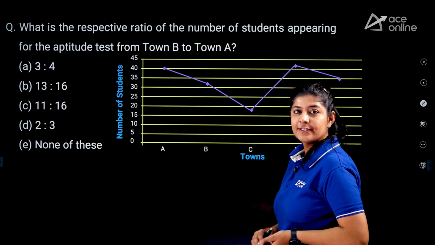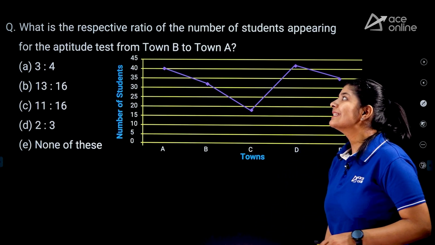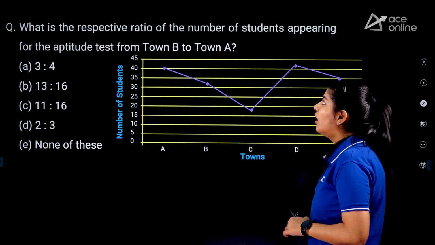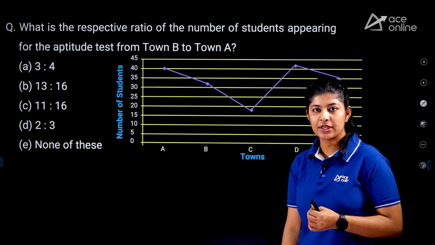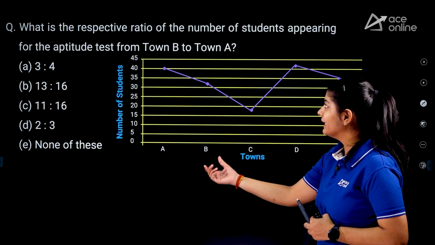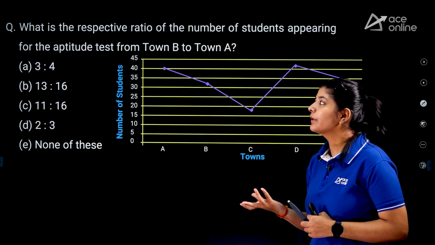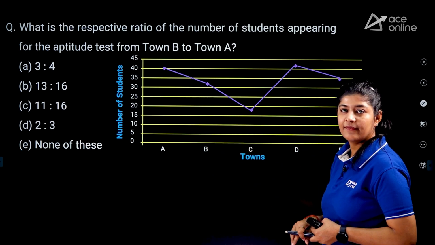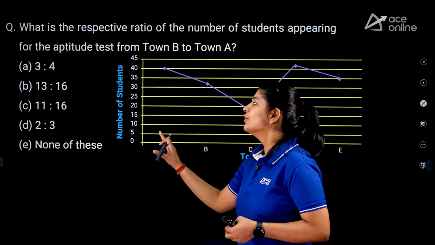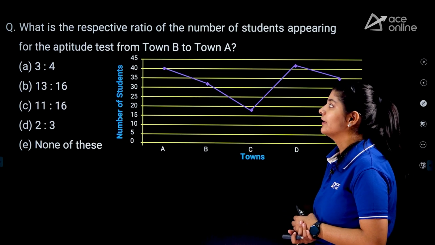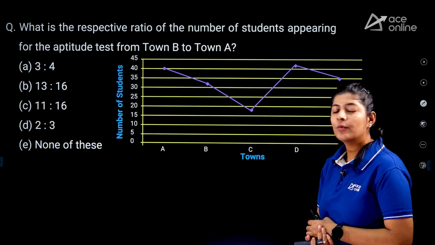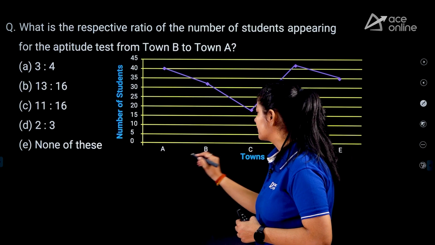The next question says: what is the respective ratio of the number of students appearing for the aptitude test from town B to town A? Again, we need to find out the respective ratio between these two towns. So all you need to do is write down the values and find the ratio. You only have to focus on these two towns.